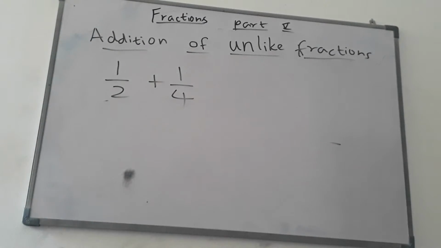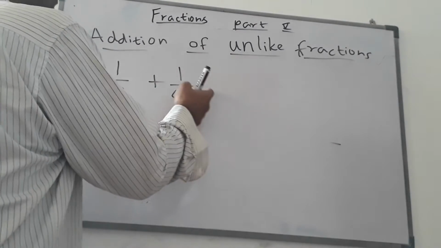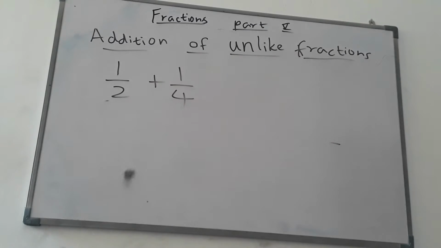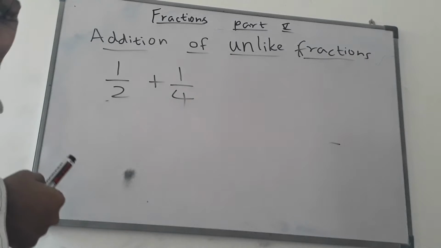First of all, we have to check whether the greater denominator is a multiple of the smaller denominator. If there are only two fractions, first we have to check whether the bigger denominator is a multiple of the smaller denominator.